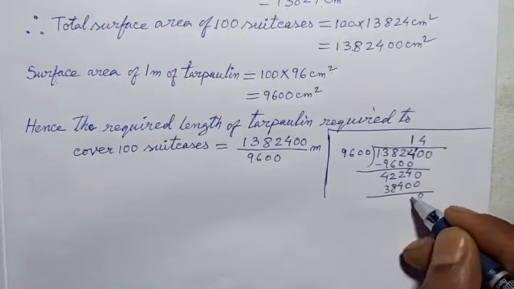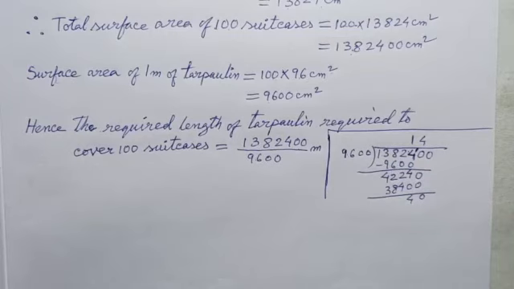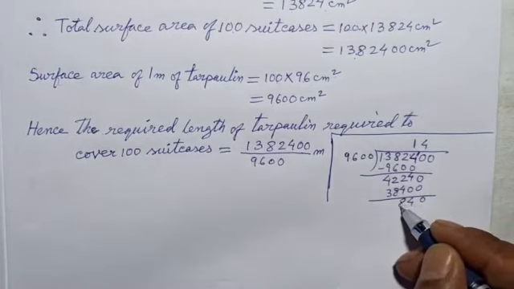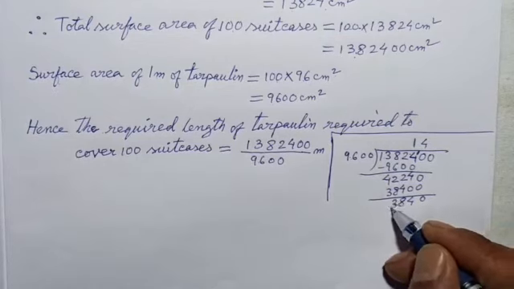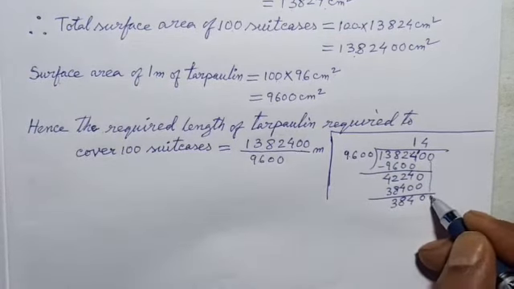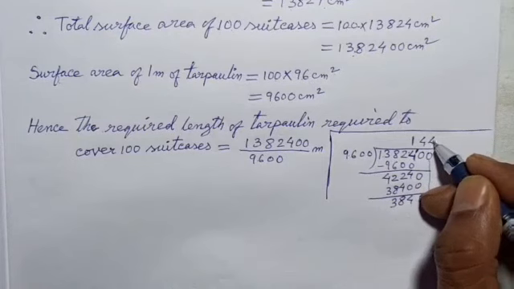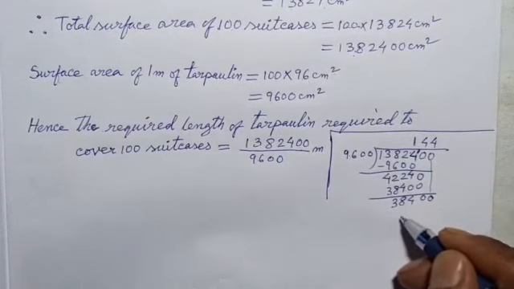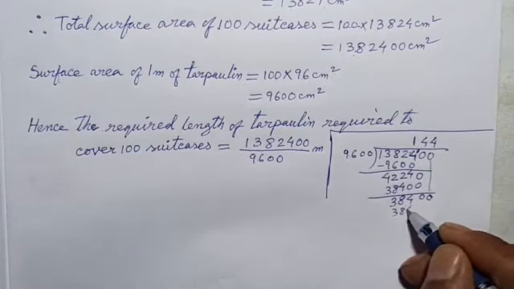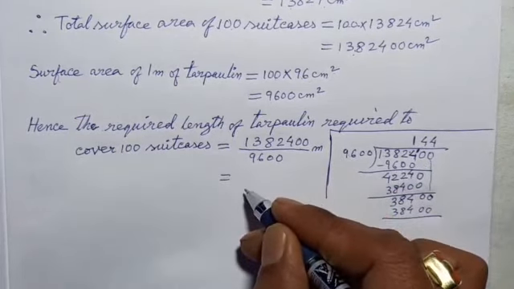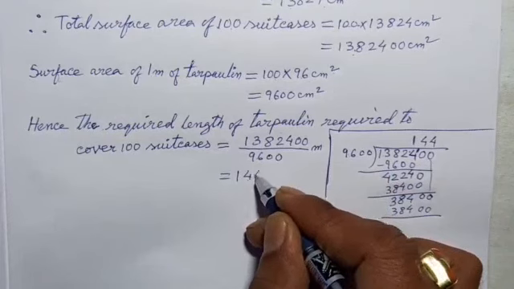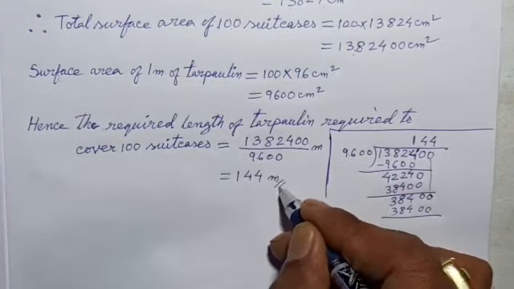Let's subtract, we get 9600. Next we have to keep down the 0. Then we have to take 4 times, then we'll get 38400. Now we are getting this 144 meter, and this is the answer.